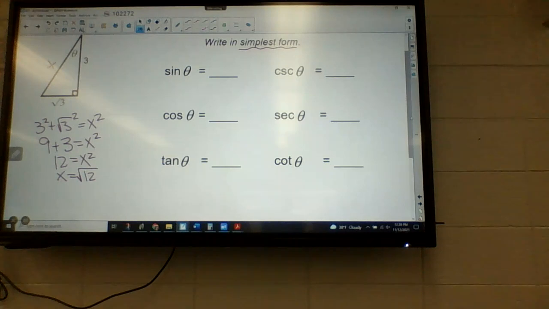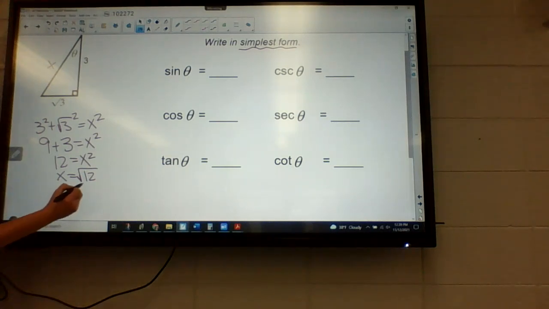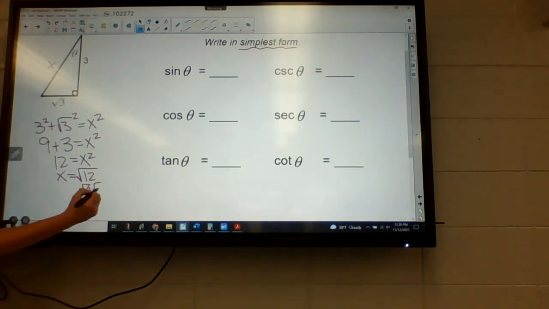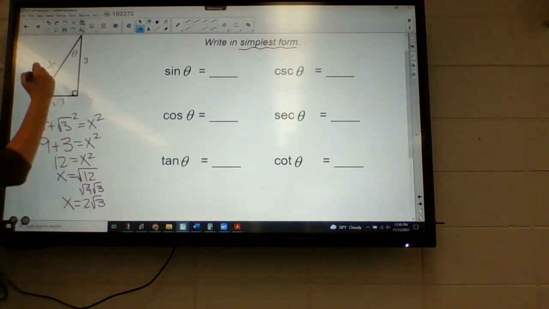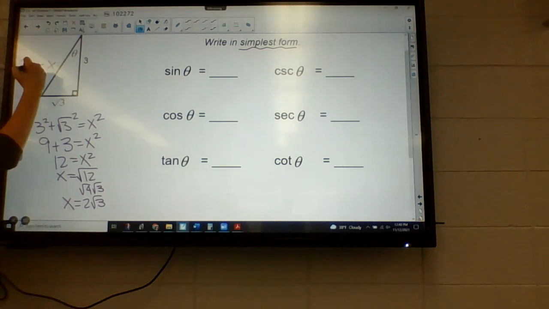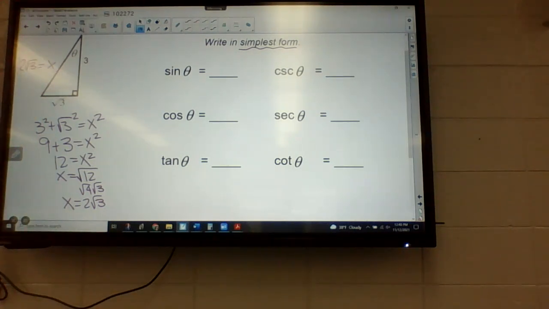Make that the square root of 4 times the square root of 3, guys. So this will be 2 square roots of 3. Is that allowed? Yeah, we actually like it that way. We probably don't really like it that way, but math people like it that way.